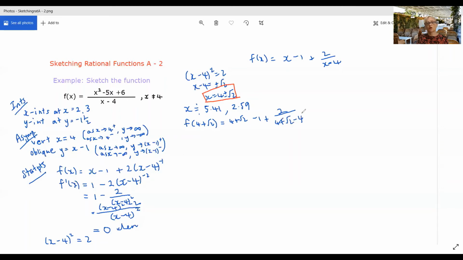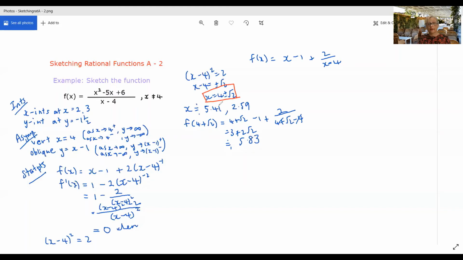Now the 4s go. 2 divided by root 2 is root 2. So you're going to end up with 3 plus 2 root 2. And again, having an approximation for that would be helpful. That is approximately 5.83.